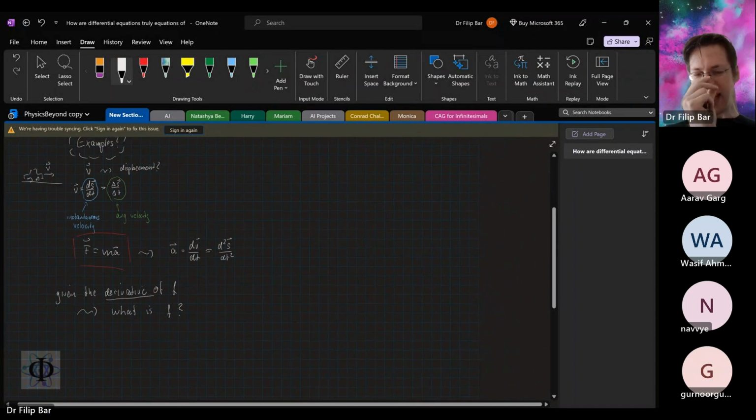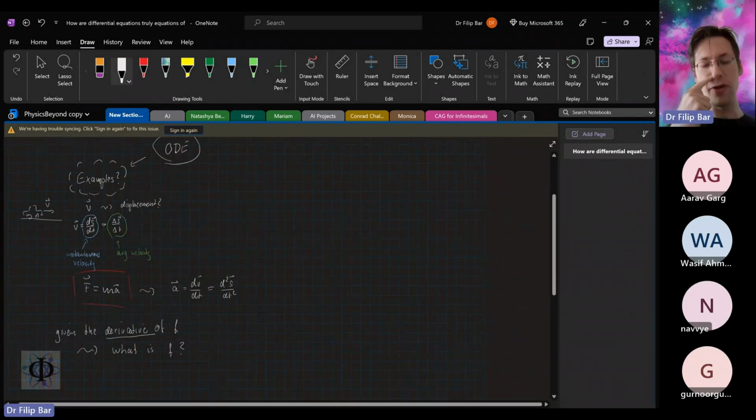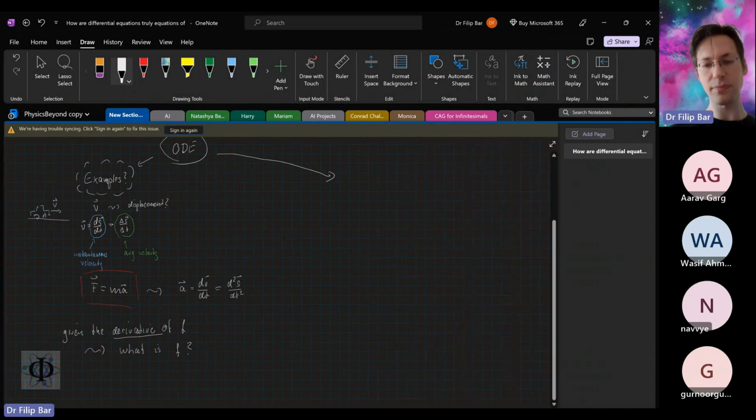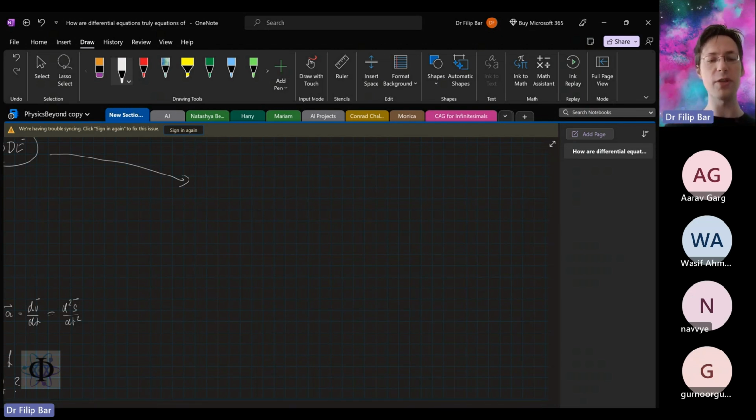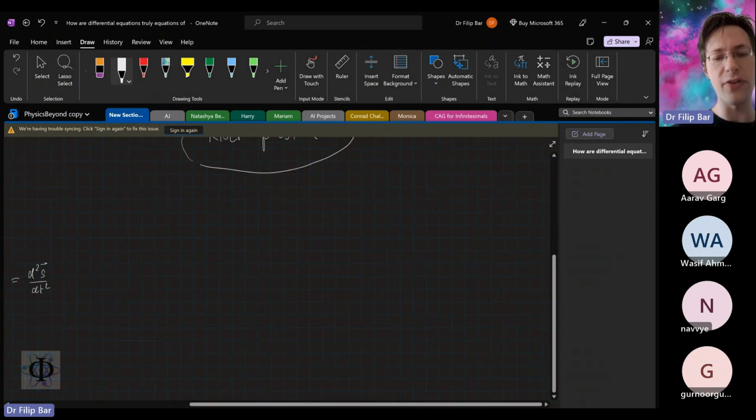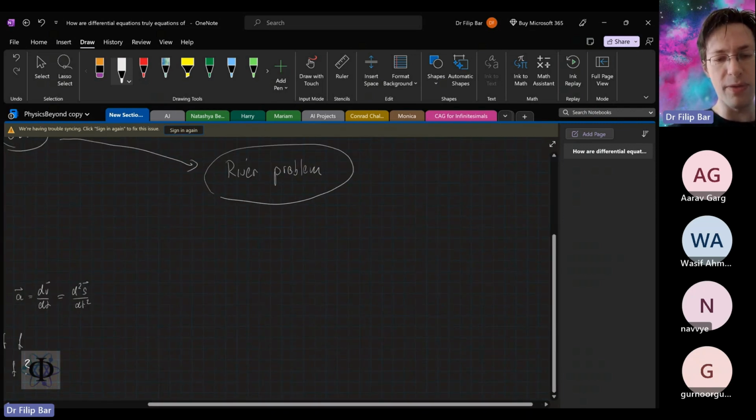Now, if you have not known about differential equations, that might be a little bit over your head. So let's move on and try to understand the most important things about differential equations by looking at something that I like to call the river problem. This is where you can understand essentially what differential equations are about. So what is the river problem?